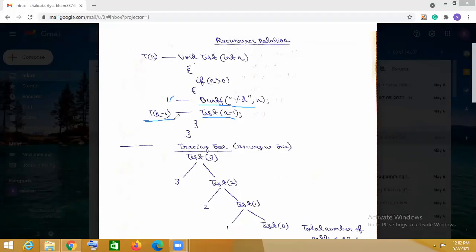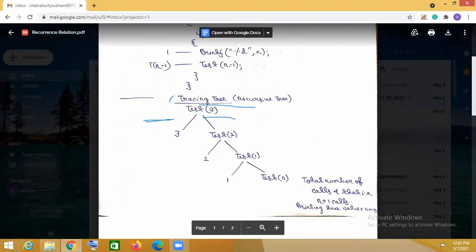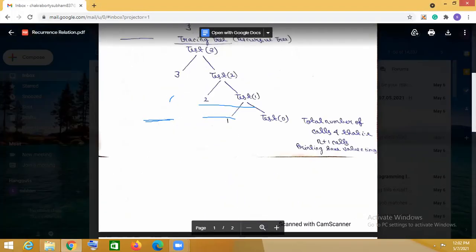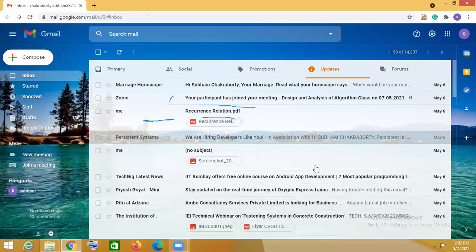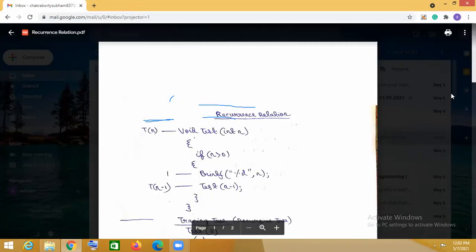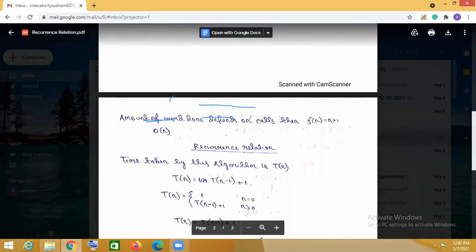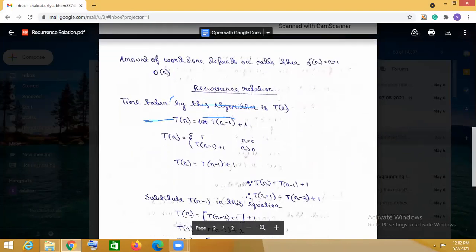So now, how do we construct the recurrence relation? You can see how we construct the recurrence relation. Now we can say the time taken by this algorithm is T of n.